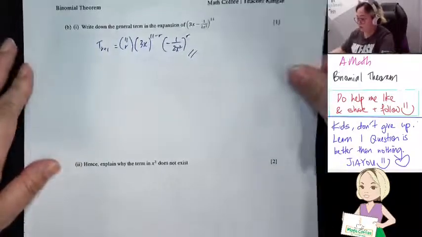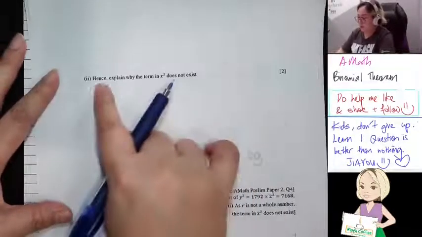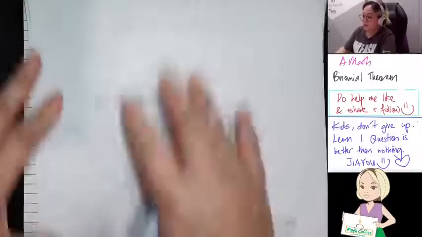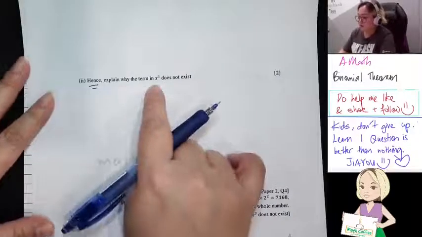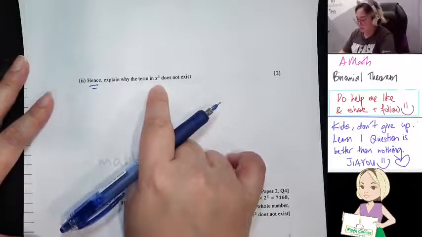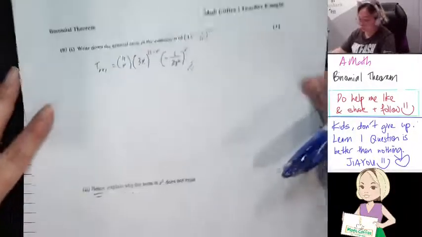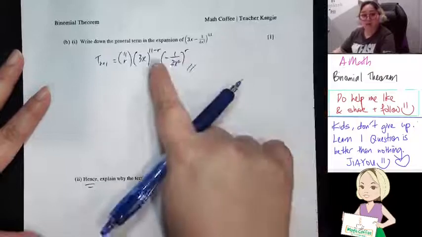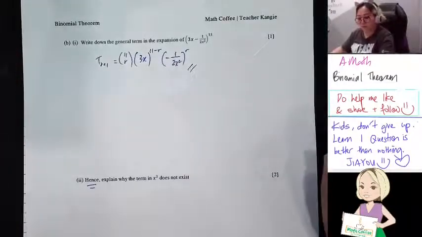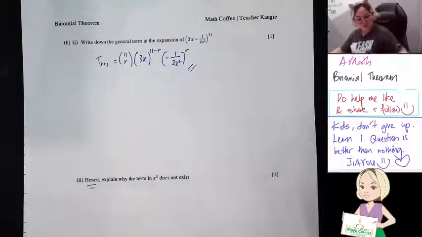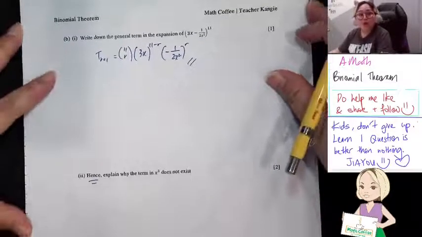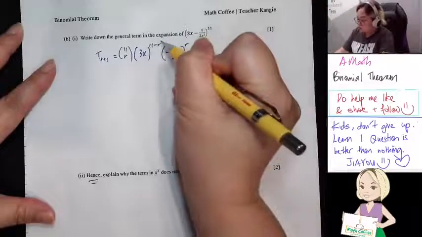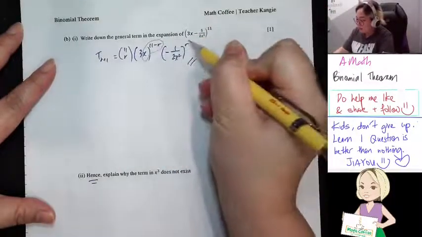Then over here they ask you hence, meaning that they want you to use the general term to explain why the term in x cubed does not exist. Same thing, let's analyze from the top part. This time I'll use the pencil. We want the part that contributes to my x, which will be this part as well as this part.